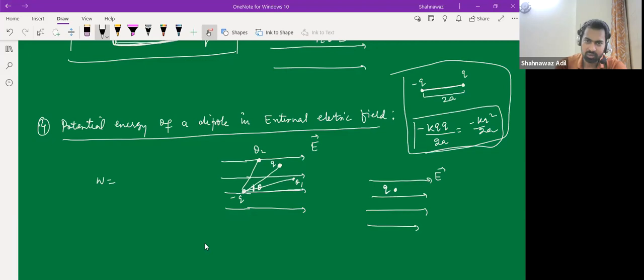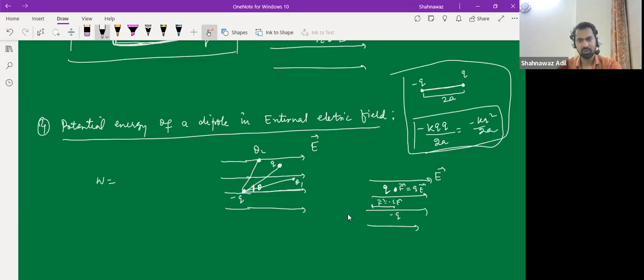So yeah, Mariam, you said kQq by R square. Okay, so we don't know what is the distance, Mariam, right? We only know that there is some electric field. Yes, Aisha, right answer. So F would be simply QE, right? And if I have a negative charge, then F would be in this direction, minus QE. So this we have done so many times, right?